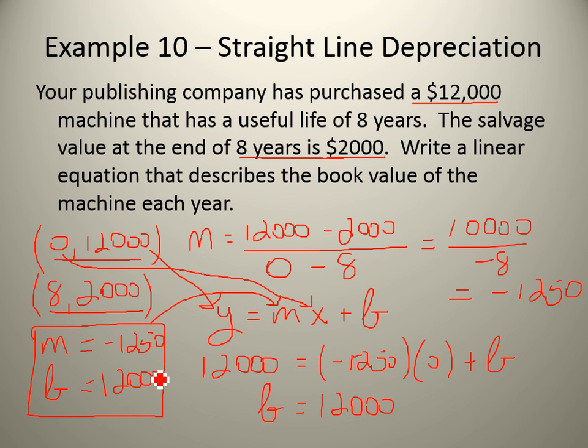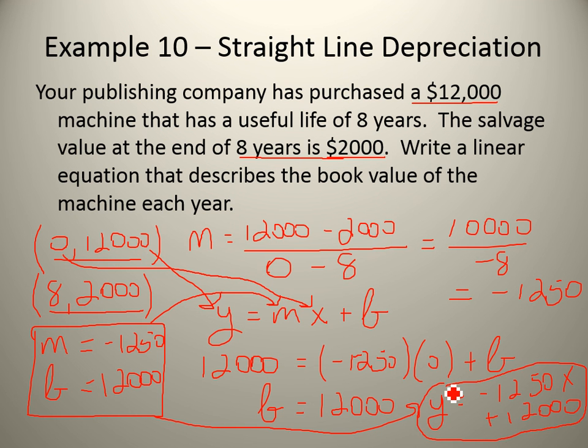So the equation for this would be, I'm running out of room, so I'm going to sneak this in right over here: y = -1,250x + 12,000.